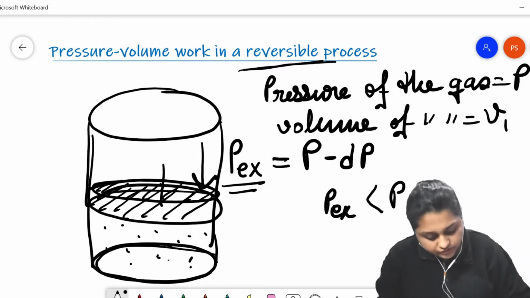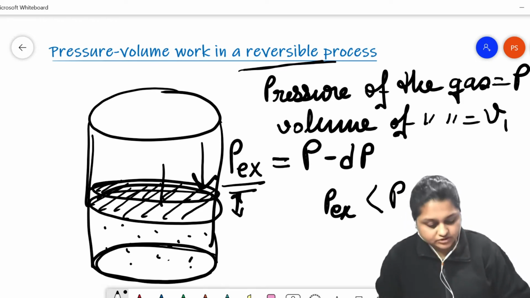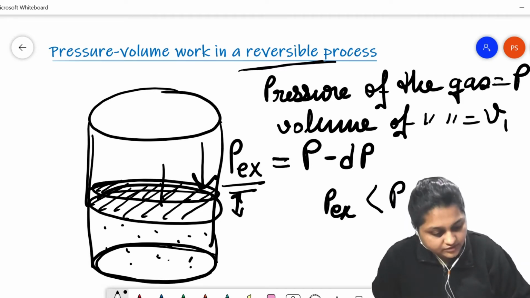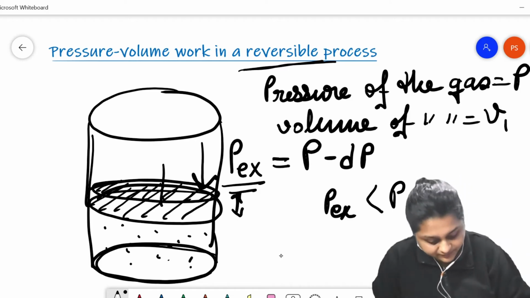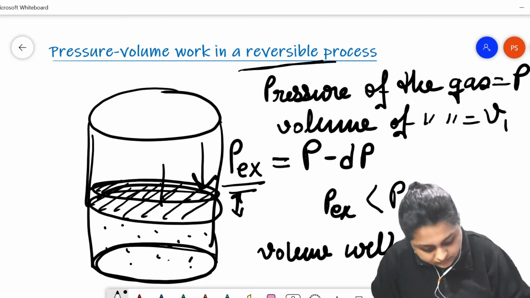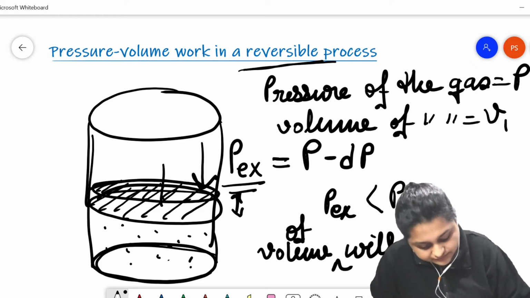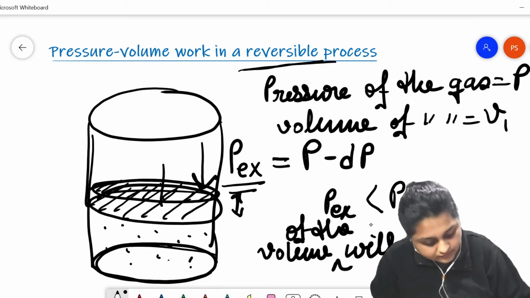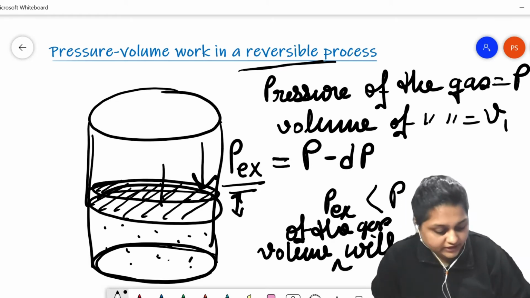the volume will change, the volume of the gas will increase.